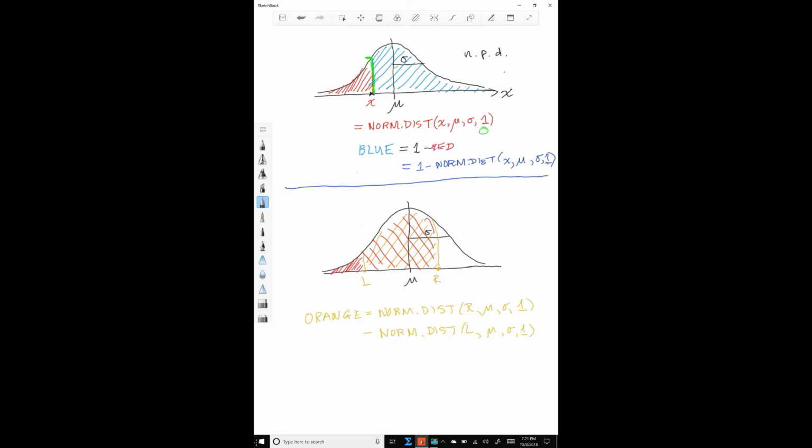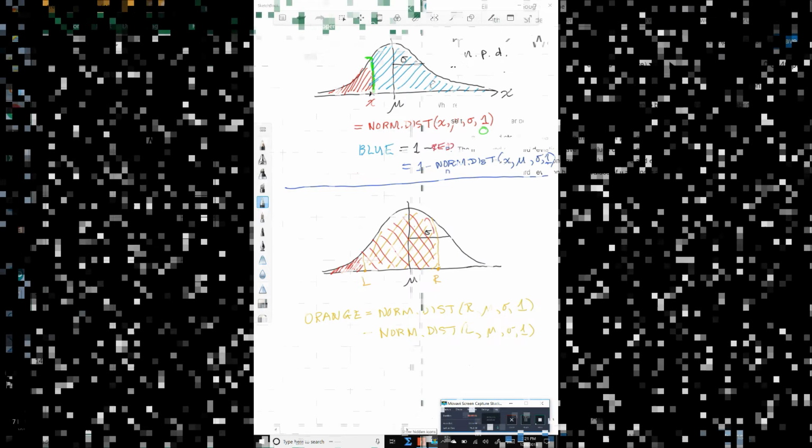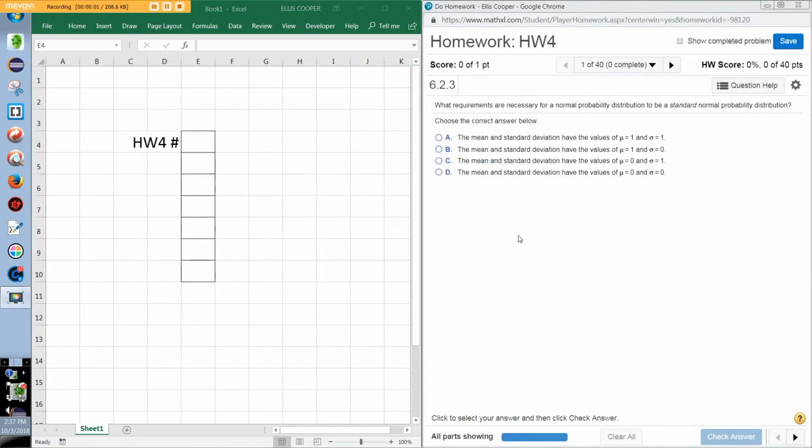So we're going to switch over now to Excel and do some problems. I want to do homework 4 problems at random. So I'm going to use an Excel function to pick out 6 problems at random between number 1 and number 40, and then we can see whether I can get stuck on this.